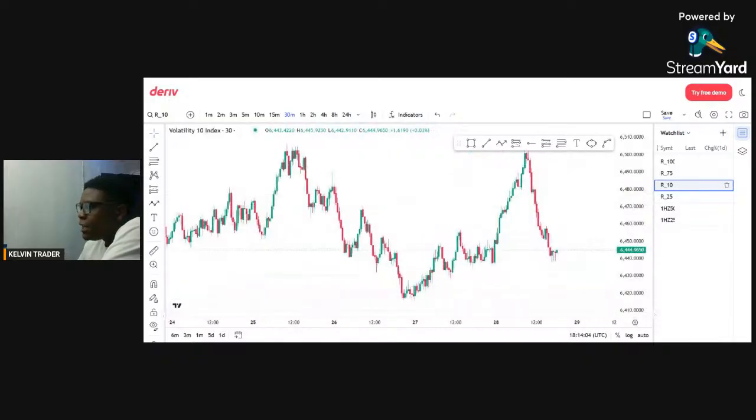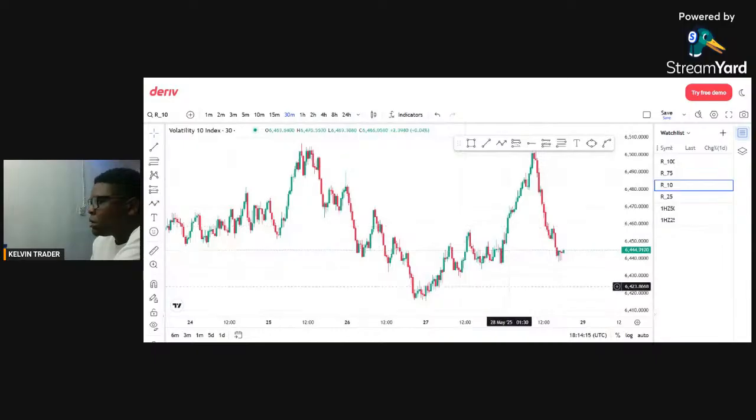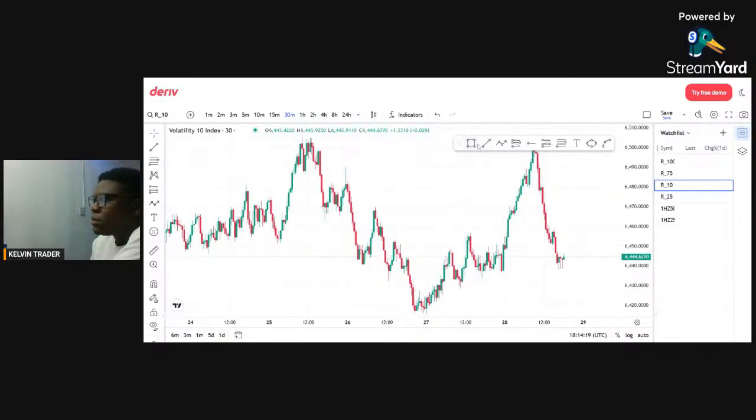Then over to this one. This one ate my stop loss. I lost money on VIX 10 this morning. I wanted to place the entry from here.